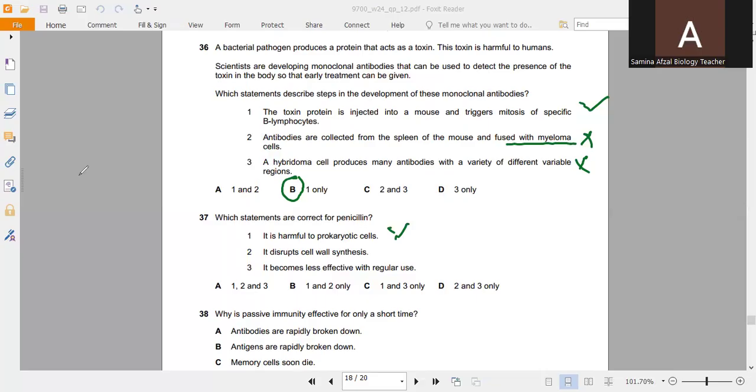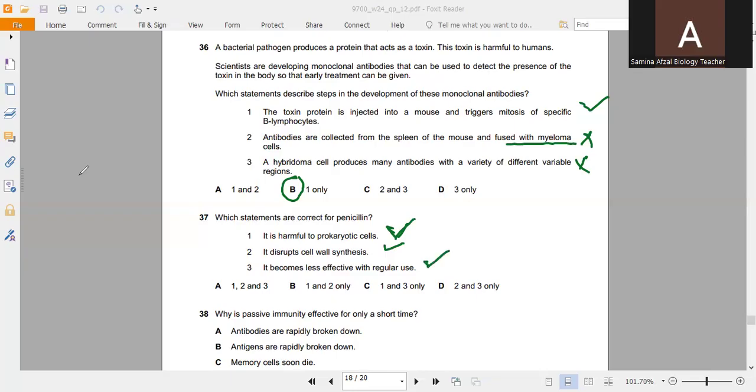Then, it disrupts cell wall synthesis. Yes, it disrupts the cell wall synthesis, due to which the cell wall is not properly manufactured. The synthesis is blocked. It becomes less effective with regular use. Again, that is the penicillin.